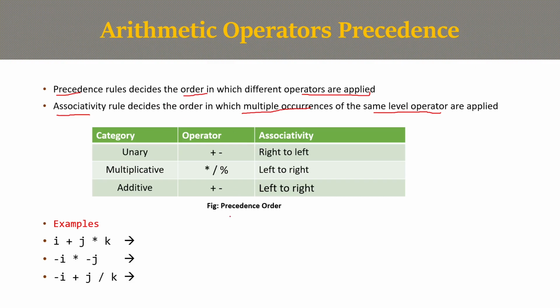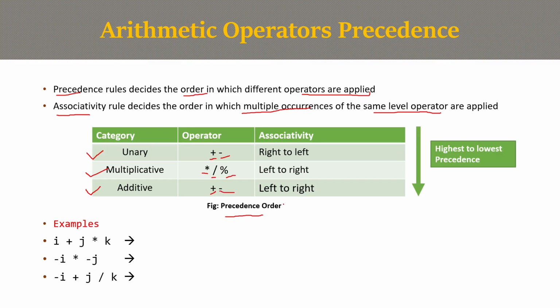But first, let us see the precedence order from this table here. I have listed the precedence of the arithmetic operators. The first one is the unary, then we have the multiplicative and the additive. Unary is the unary plus and the unary minus. The multiplicative is the multiplication, division, and mod operation. And the additive is the addition and the subtraction operation.